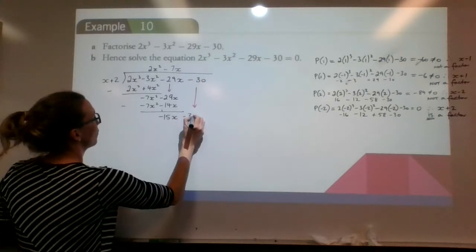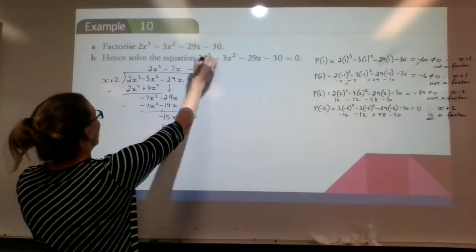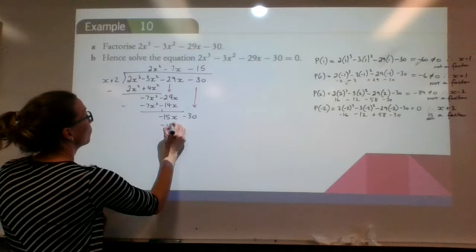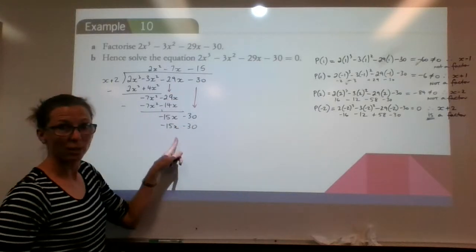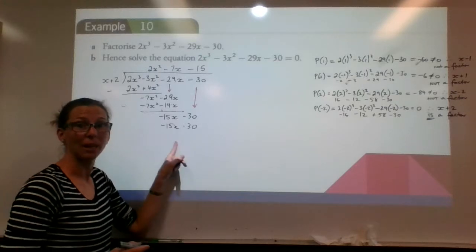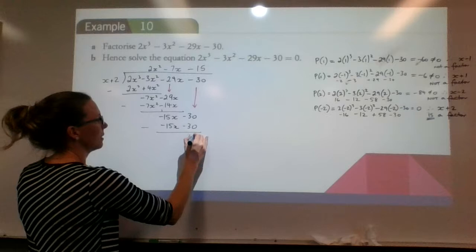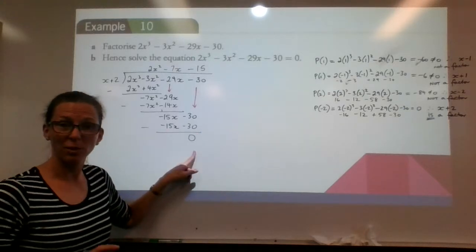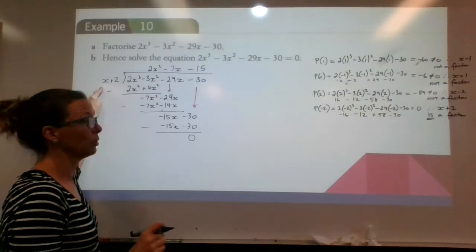Take 30. X times what makes negative 15x? Multiply it out. Negative 15 times that is negative 30. This is what I want to start seeing. I want to see that I'm getting the line equal. Nothing, take nothing is 0. I got a remainder of 0. It confirms that x plus 2 was definitely a factor, which is great.